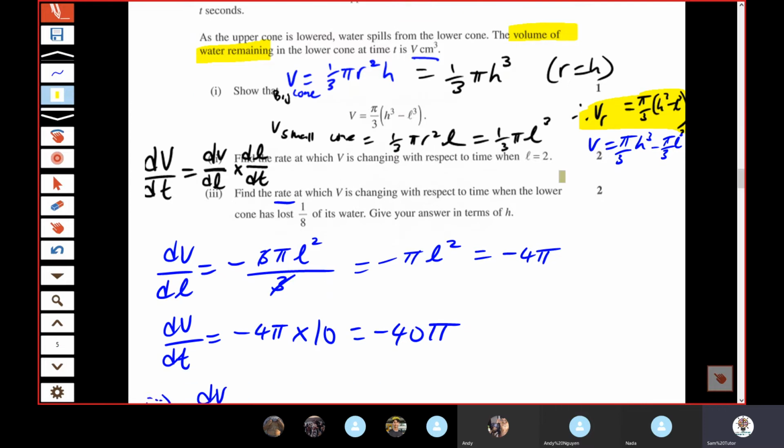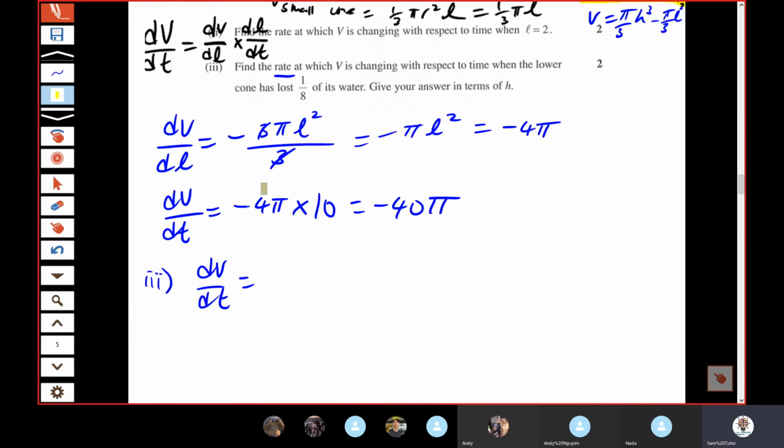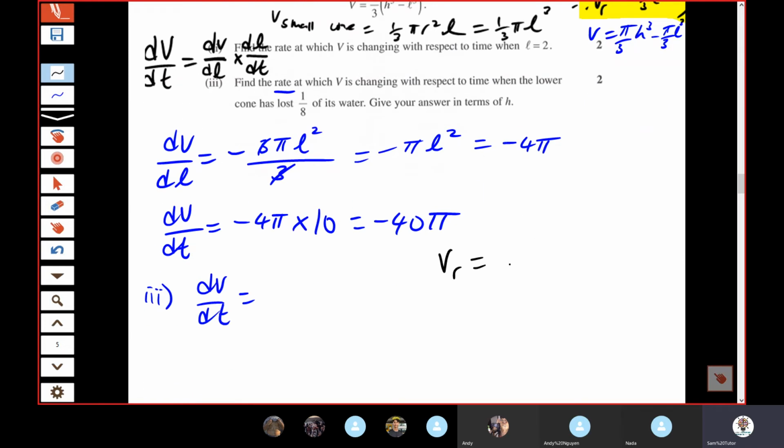So find the rate at which the volume is changing with respect to time when the lower cone has lost 1/8. Okay. So V, volume remaining, originally is pi on 3 (h cubed minus L cubed).